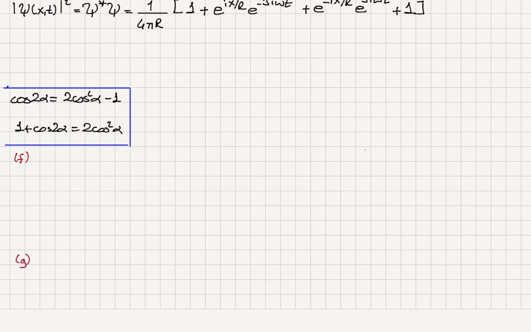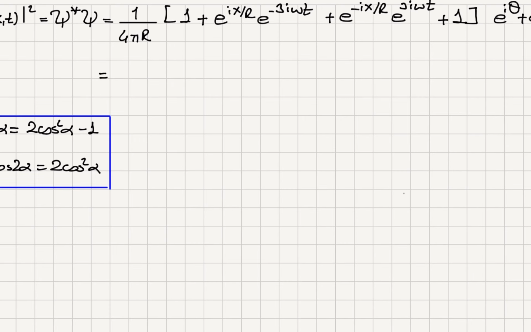And here I note that I will use e to the i theta plus e to the minus i theta is equal to 2 cosine theta. That's from Euler's formula. So here I obtain 1 over 4 pi capital R, 1 plus 1 is 2, plus I have e to the i theta plus e to the minus i theta, so that is 2 cosine of theta minus 3 omega t.